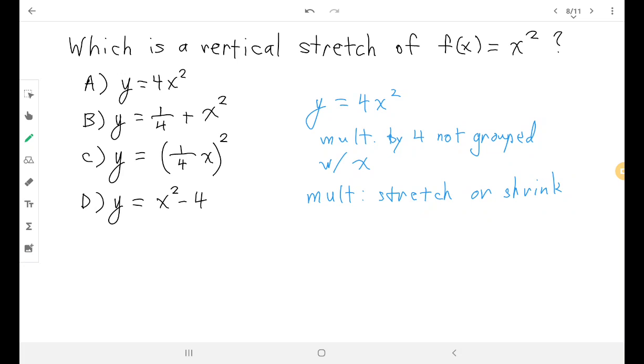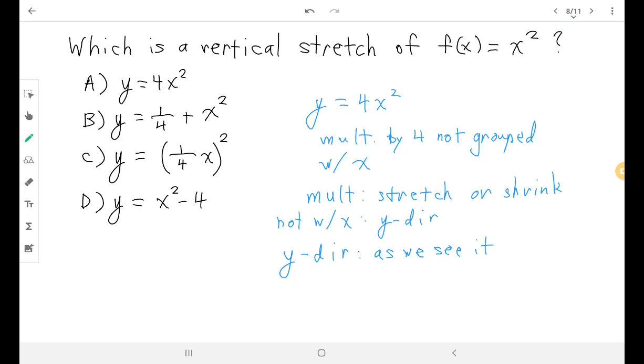So it's one of those. Not grouped with x tells us whatever is going to happen in the y direction, and happening in the y direction tells us whatever it is as we see it. Okay, acts as we expect it to act.